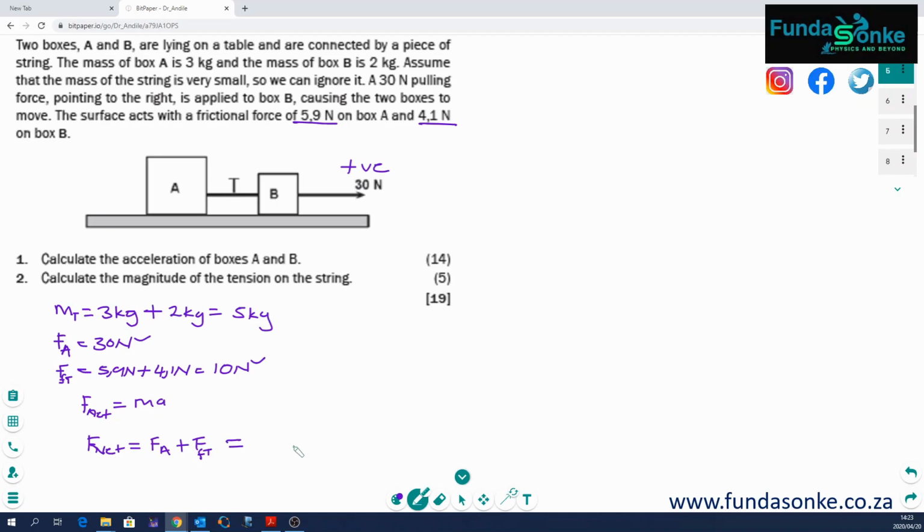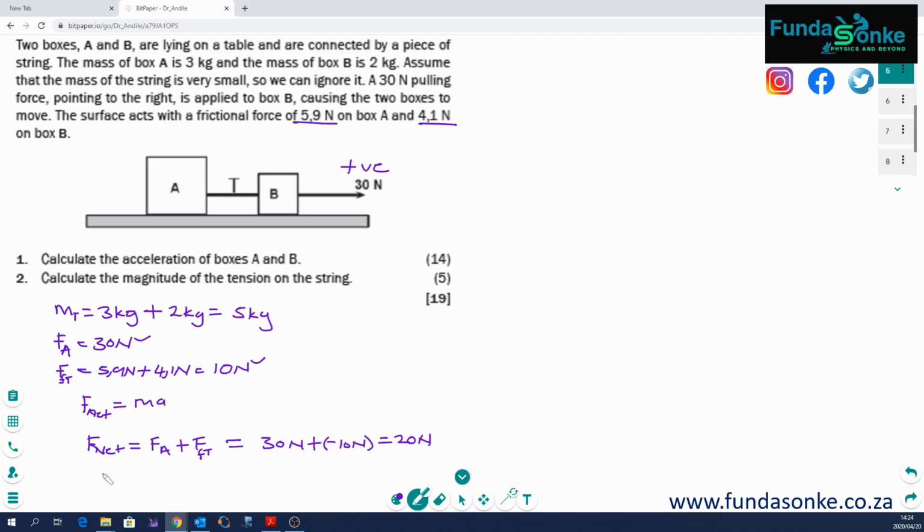This is equal to the applied force, which is 30 newtons, positive because it's going towards the right, plus our frictional force minus 10 newtons, which is acting in the opposite direction, such that our net force will be equal to 20 newtons.